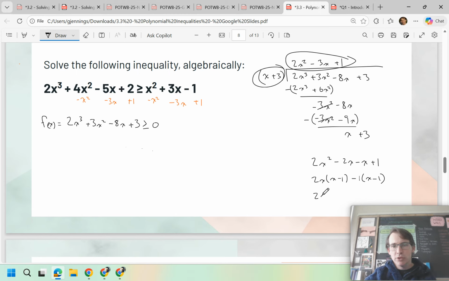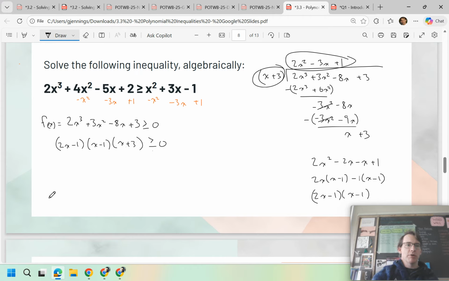And that gives you 2x minus 1 multiplied by x minus 1. Very good. So there's our fully factored quadratic. So that is to say 2x minus 1 multiplied by x minus 1 multiplied by x plus 3 wants to be greater than or equal to 0.